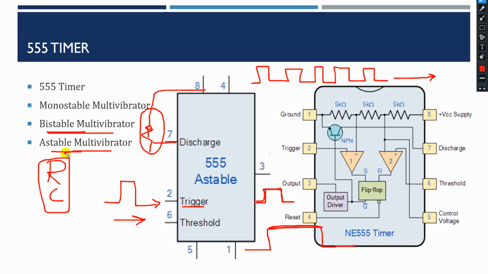So the main difference is that bistable gives a flip-flop output, a switching action of on and off. Astable produces a particular stable, high accuracy frequency. That is called astable multivibrator. Okay, so you understood the types of multivibrators using 555. Let us go to the next slide.